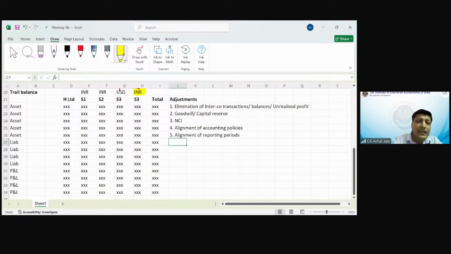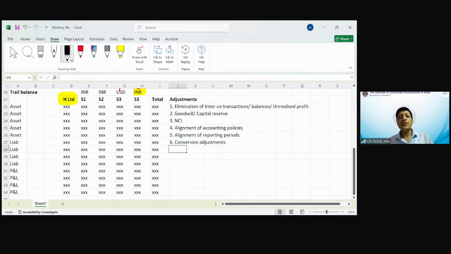Holding company is doing this conversion for the consolidated level. Yes, it's possible. So what will the auditor be required to do? Auditor will be required to check the conversion. Correct? Conversion adjustments.